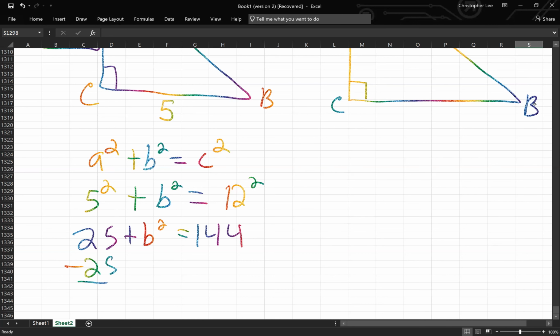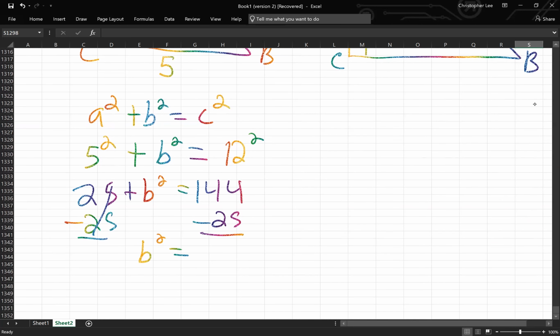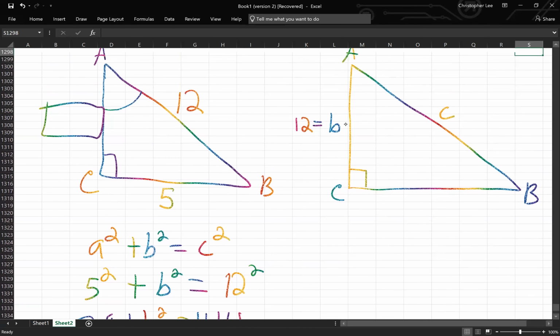Subtract 25. What we do to one side of the equation, we have to do to the other side. So B squared is equal to 144 minus 25, which is 119. Then I square root to get rid of the square. So B is equal to square root of 119.